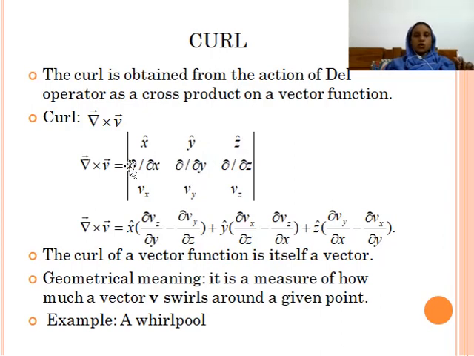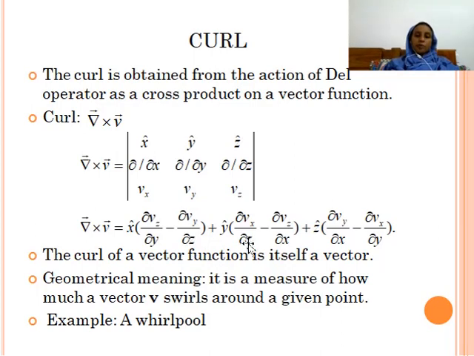The second row corresponds to the coefficients of the del operator, ∂/∂x, ∂/∂y, ∂/∂z. And the third row is the components of the vector V: Vx, Vy and Vz. If you evaluate this determinant, it gives you a vector like this. So the curl of a vector gives you another vector function.